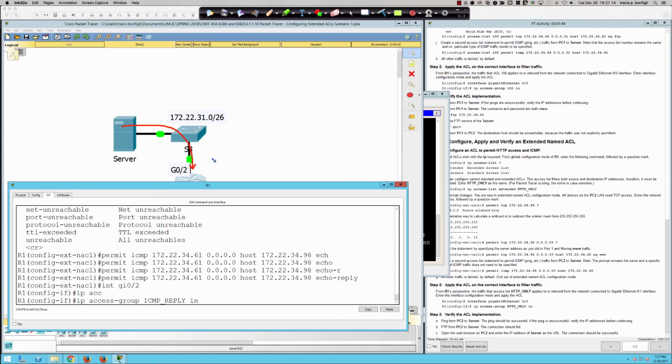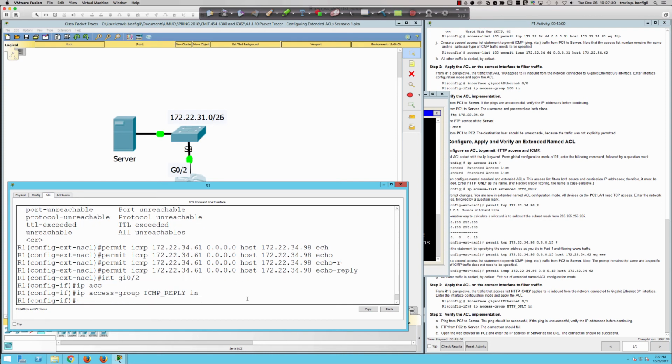So as soon as I do this, remember what's implicitly at the end of every single ACL, whether it's standard or extended, whether it's IPv4 or IPv6, there is a deny any at the end. So when I hit enter there, all I'm allowing is ICMP echo replies, but I'm allowing them from that host. And that host doesn't exist.